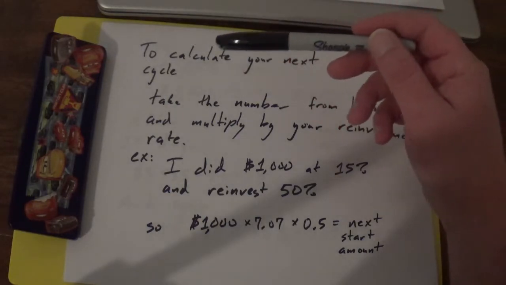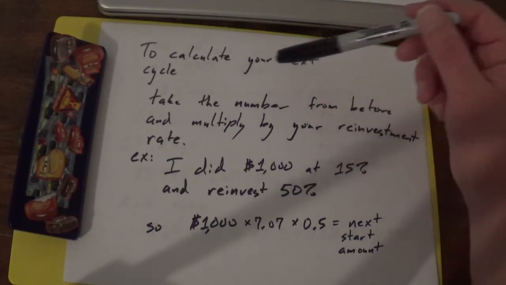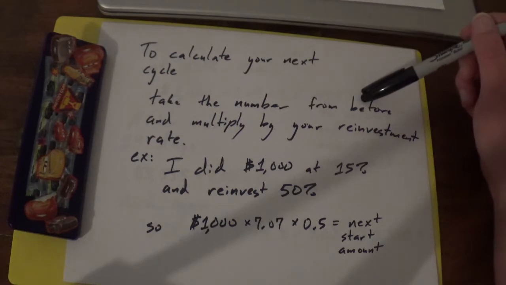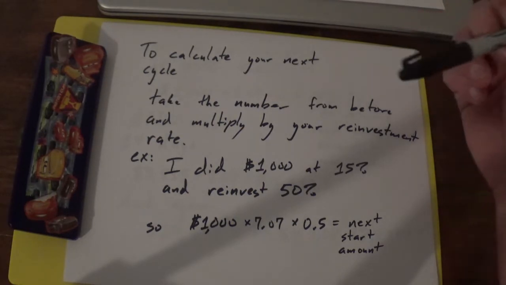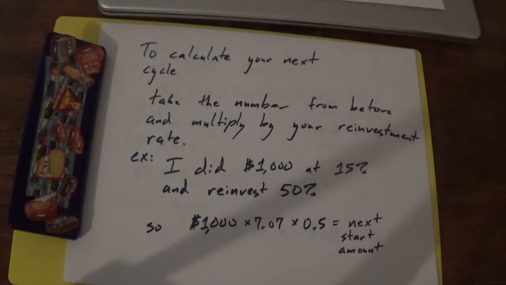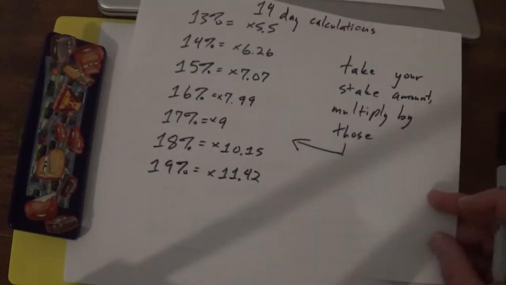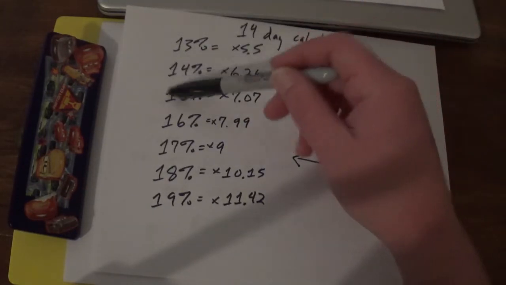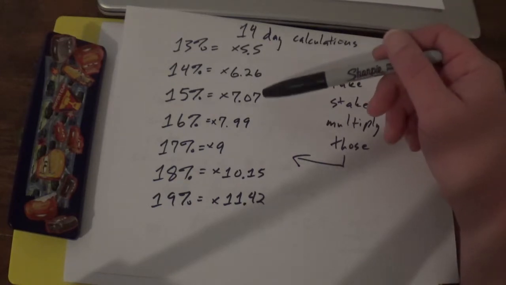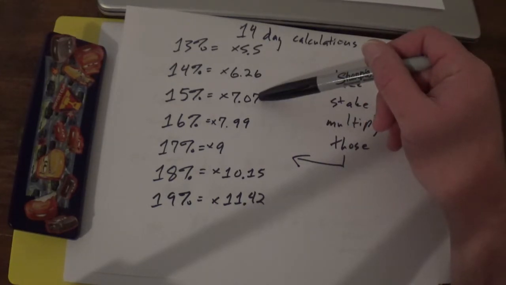So to calculate your next cycle, you're going to take the number from before. So your first cycle, you just multiply by the number based on the percent. So right here, if it's 15%, you just take your starting number and multiply by that, 7.07.